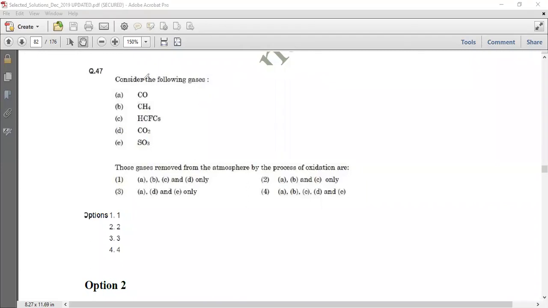They are saying: consider the following gases: carbon monoxide, methane, HCFC (hydrochlorofluorocarbons), SO2, SO3. These gases are removed from the atmosphere by the process of oxidation. So it is asking which are the gases which can be removed easily by the process of oxidation.